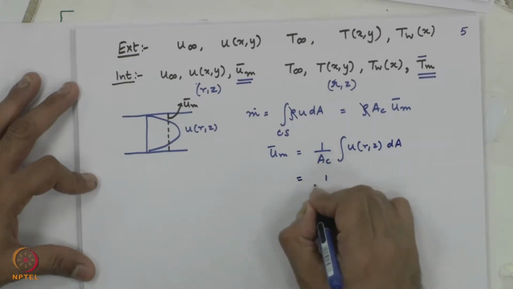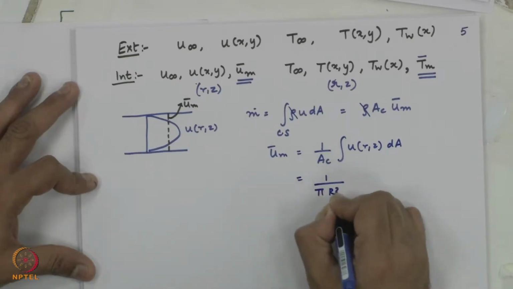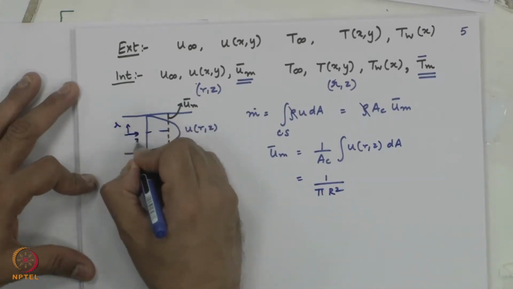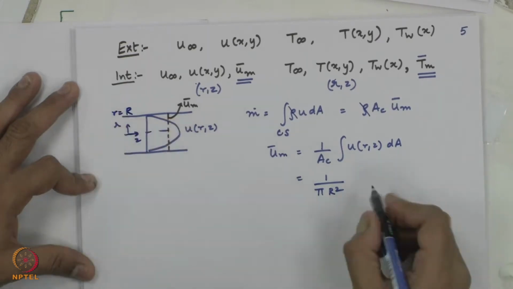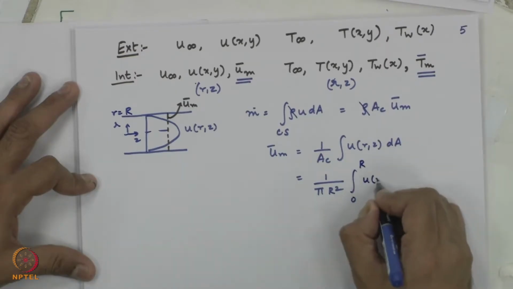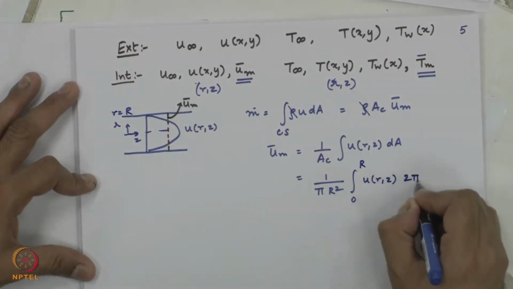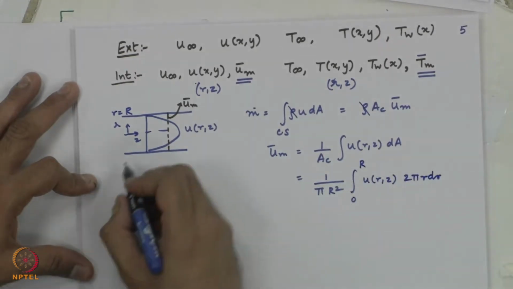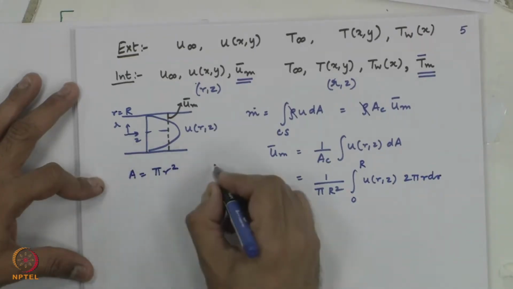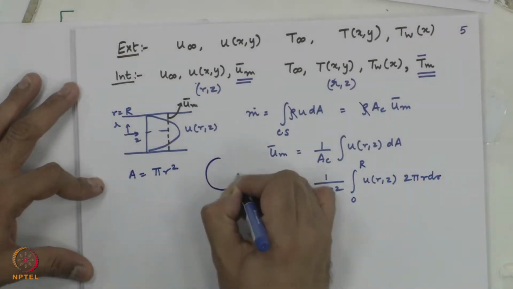This is 1 over pi r square. If this is my r, this is my z, and this is r equal to capital R, integral 0 to R of u of r comma z 2 pi r dr. How do you get 2 pi r dr? Area is pi r square. You have the pipe.